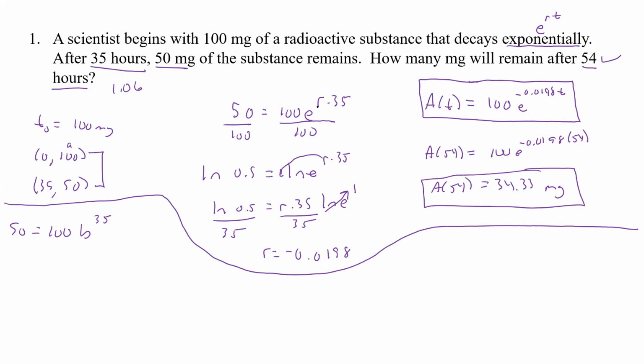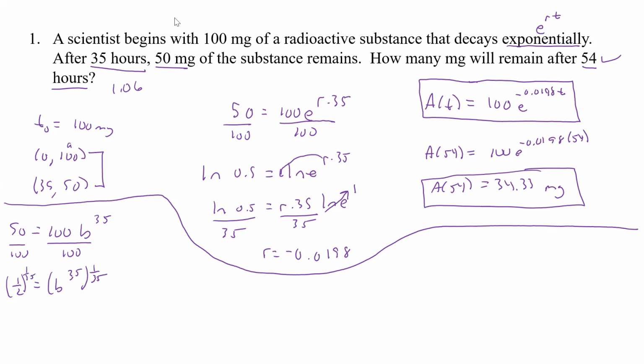Whereas here, this is e to the r, which is the 0.06. And so there's a little bit of difference on how these work. Okay. Now, here again, we divide by 100. So we get 1/2 is equal to B to the 35th. Now, how do we simplify that? Well, we have to take that to the 1 over 35.